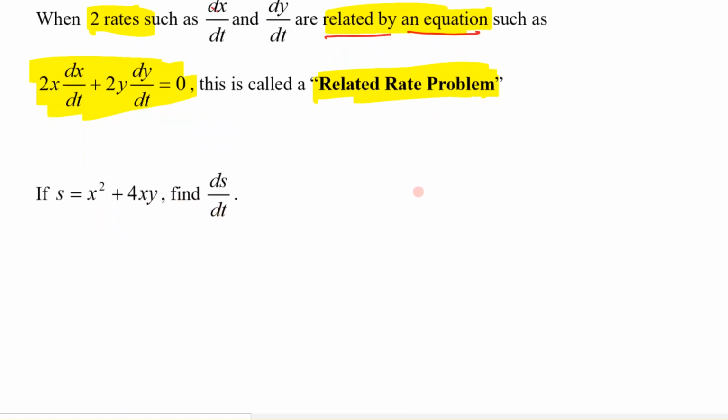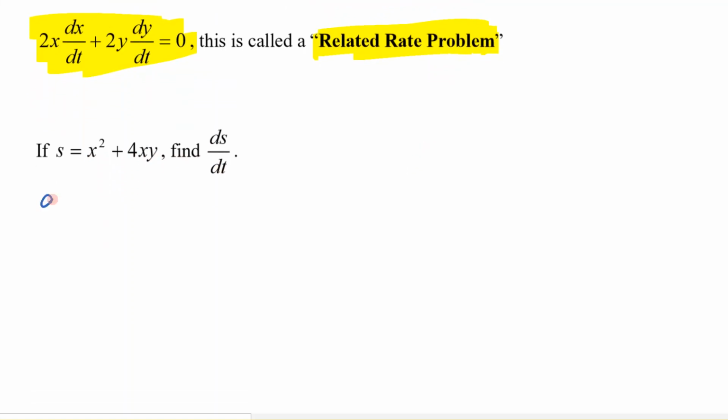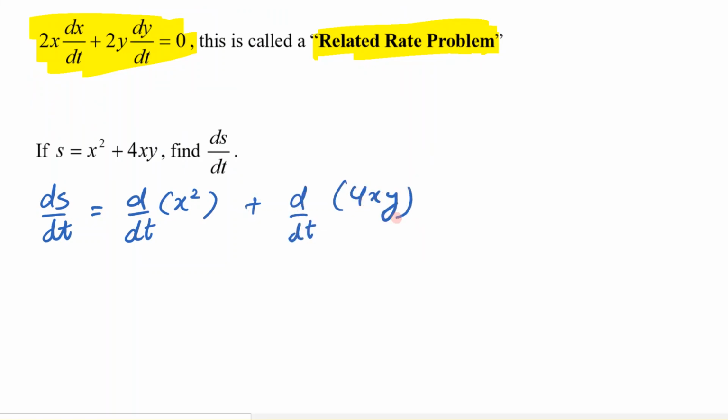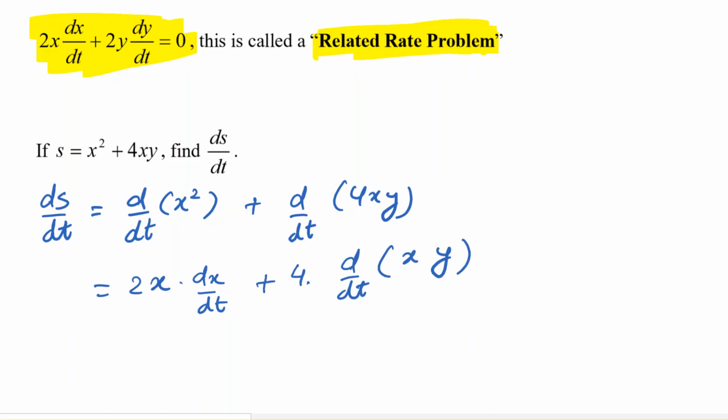So if you want to find ds over dt, it means take the derivative with respect to t on both sides of the equation. So you're going to take the derivative of each term on both sides. And now we notice that the derivative of x squared with respect to t would be, so first use the power rule, 2x and then dx over dt plus 4 is just a constant, and we're going to take the derivative of x times y with respect to t.